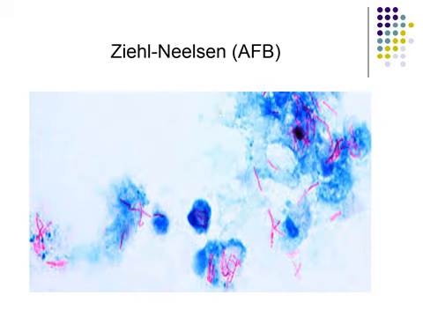You can see red color, slightly curved or sometimes straight bacilli. This is acid fast bacilli, or Ziehl-Neelsen stain for detection of Mycobacterium tuberculosis.